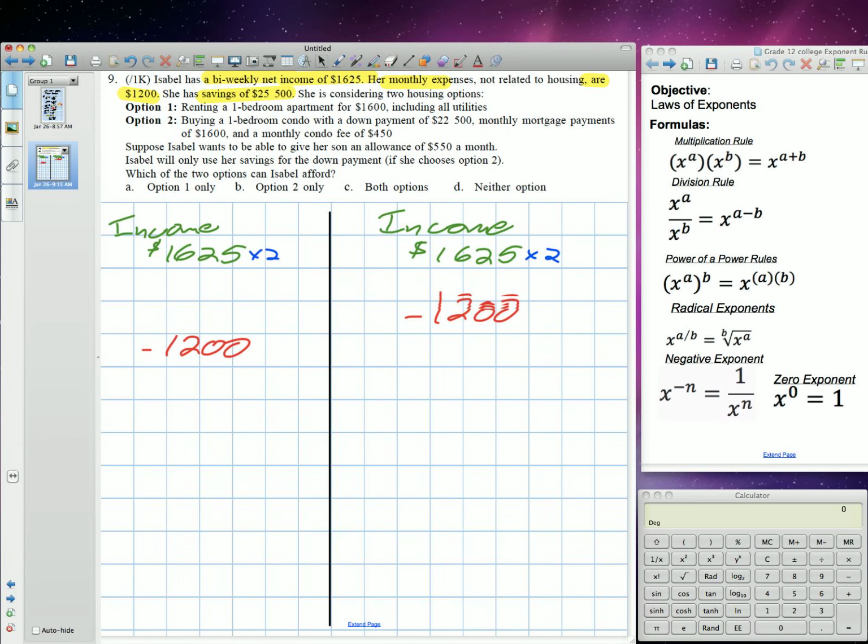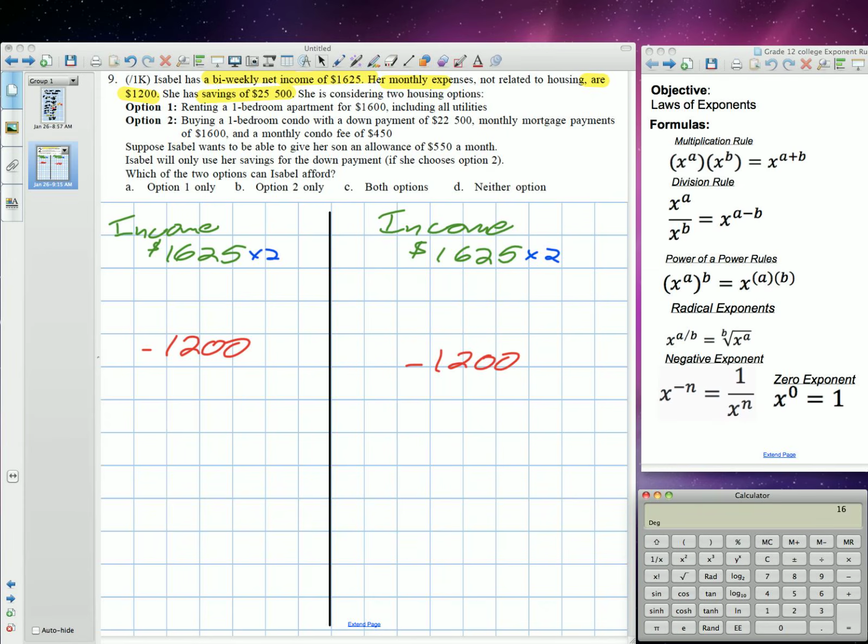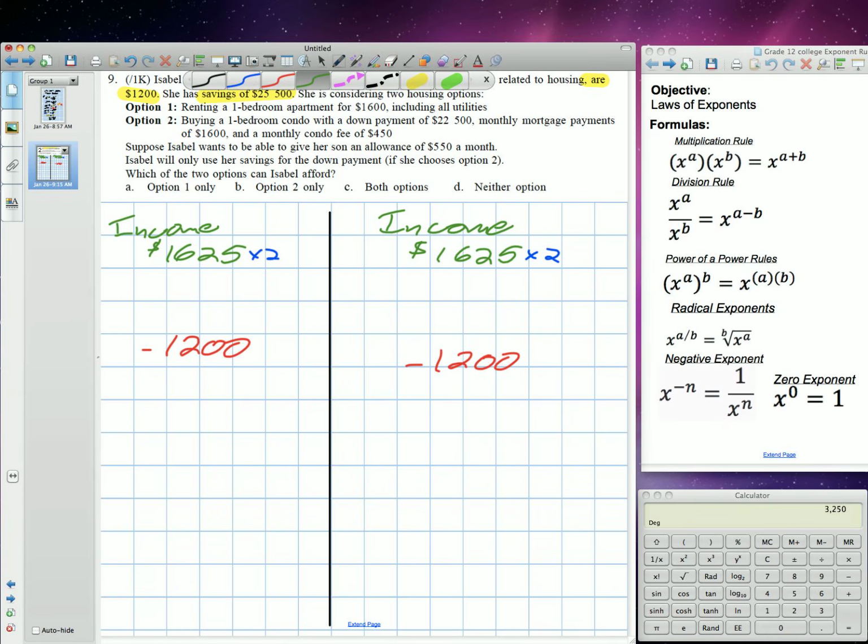So $1,625 times 2 gives us $3,250. So her monthly income is $3,250, because it's bi-weekly, it says.